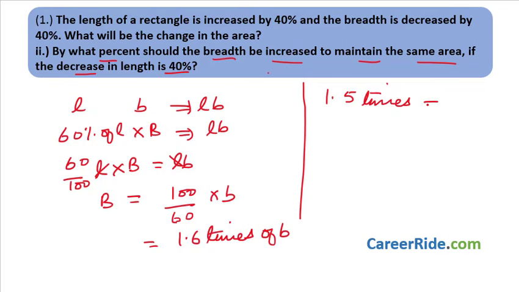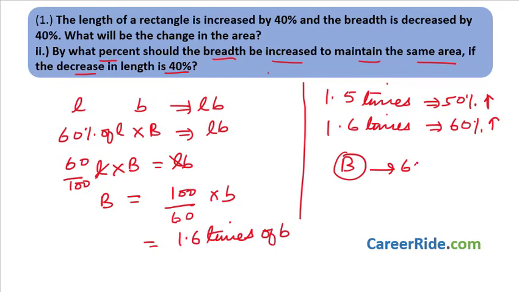So it means there is a rise in 50%, right? So when something increases and becomes 1.6 times, what does it mean? It means there is a rise of 60% here. So the new breadth should be 60% more than the original breadth. So this should be the change, right?